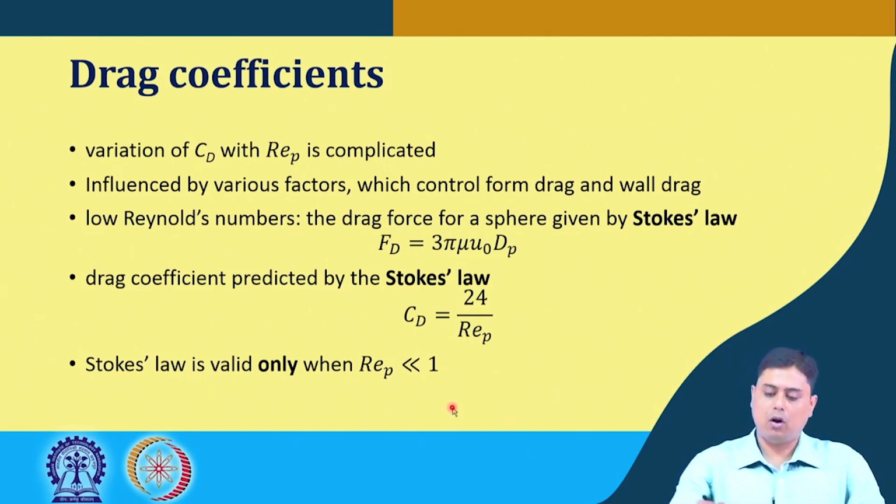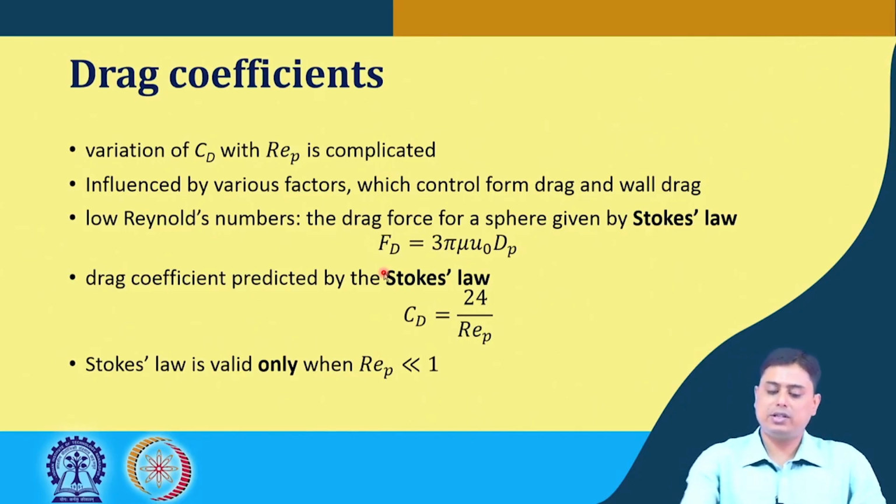All of you presumably know what Stokes' law is, but let me show you here again that Stokes' law, which gives us the estimate of the drag force on a smooth sphere, is given by this value, where again dp is the diameter of that spherical particle.